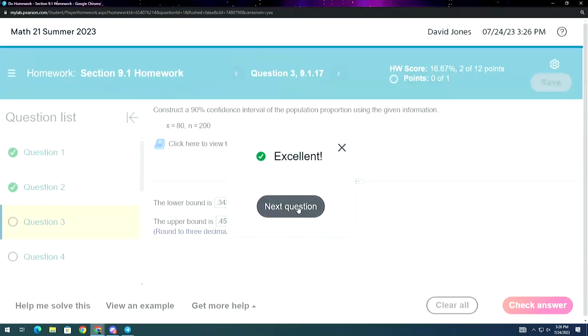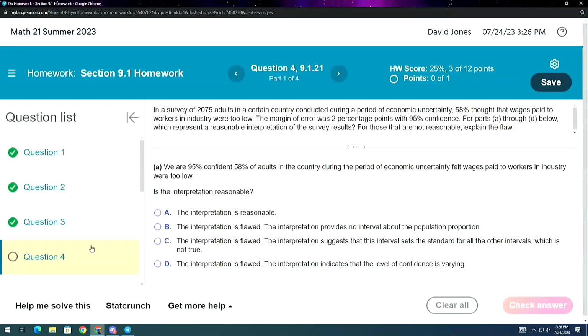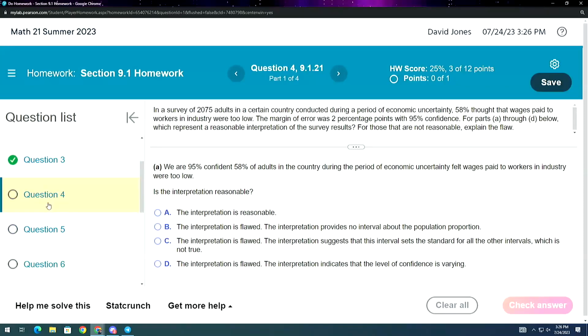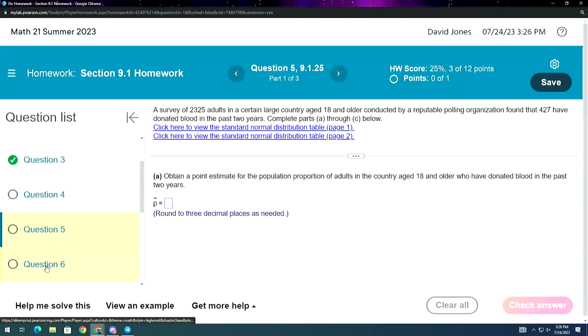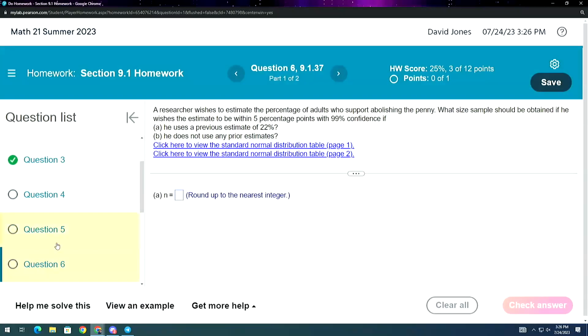Okay, I need to find power sample size real quick. There we go. Number 6. A researcher wishes to estimate the percentage of adults who support abolishing the penny.